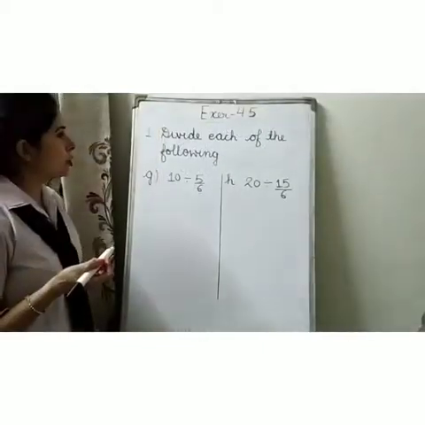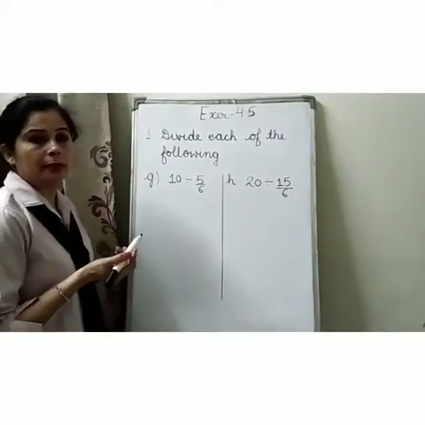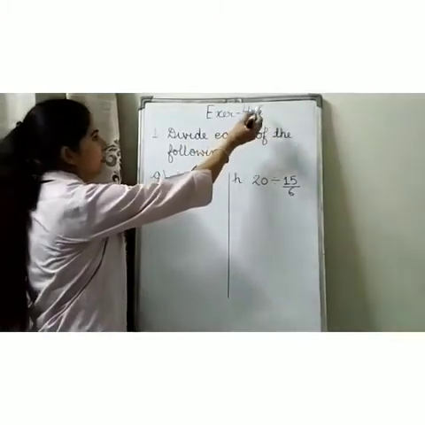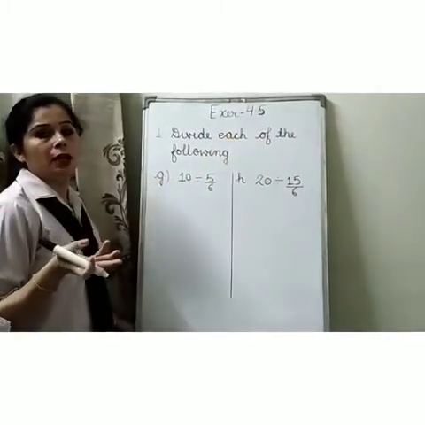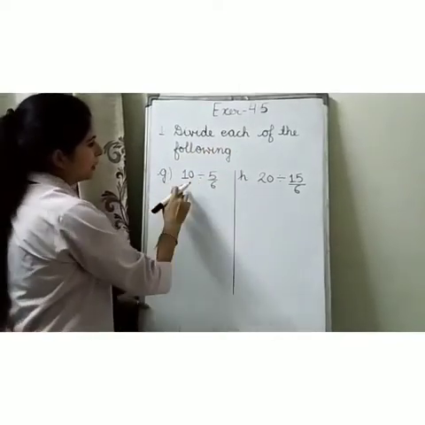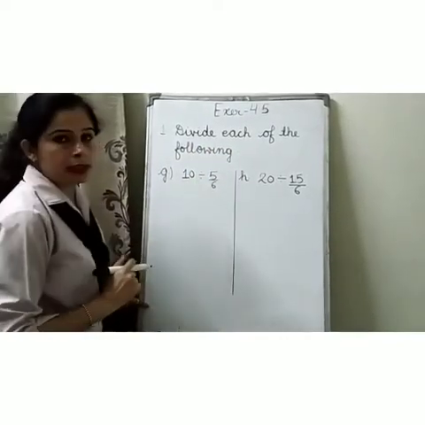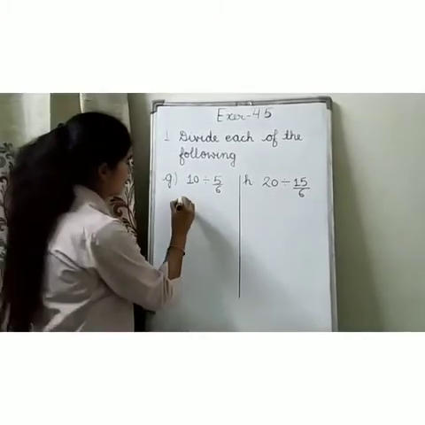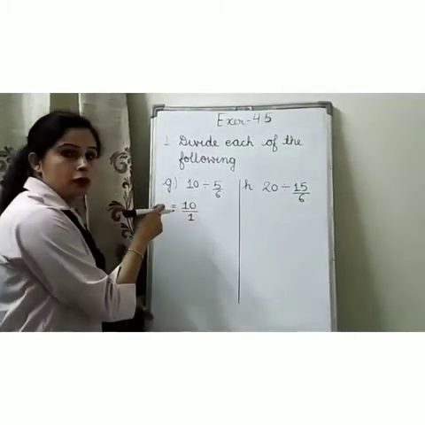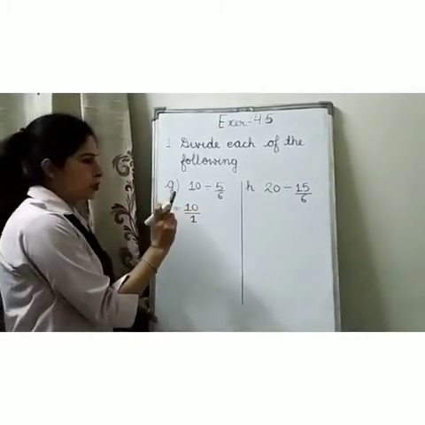In the continuation of reciprocal and multiplicative inverse, now we are going to start exercise 4.5, that is of dividing the fractions. First question is divide each of the following. First part, 10 divided by 5 over 6. The very first step that we will take, we will write 1 under 10 because 10 was a whole number. Now it is a fraction.